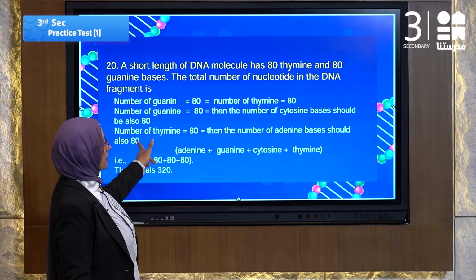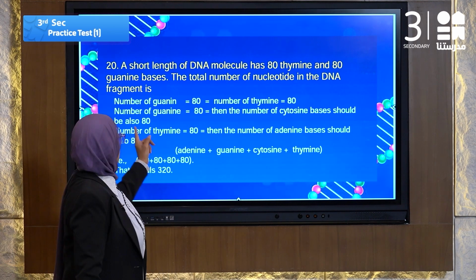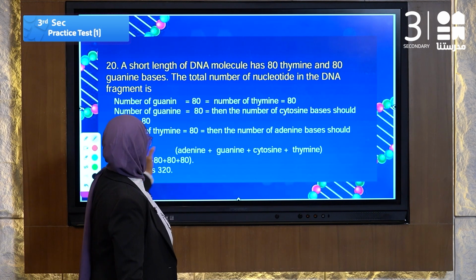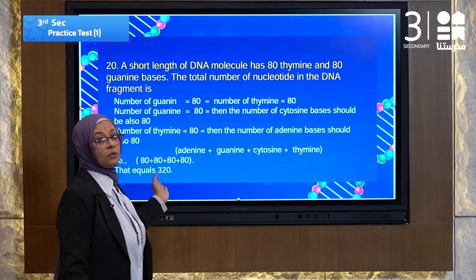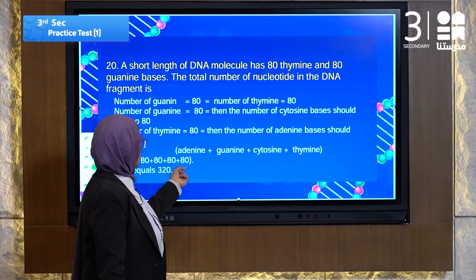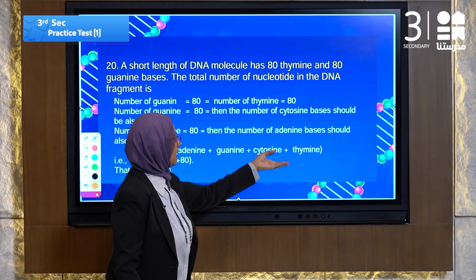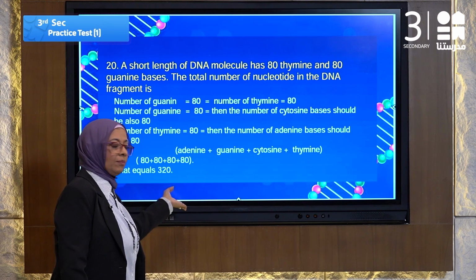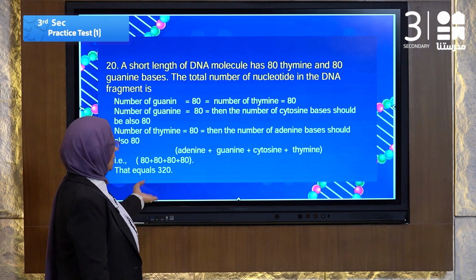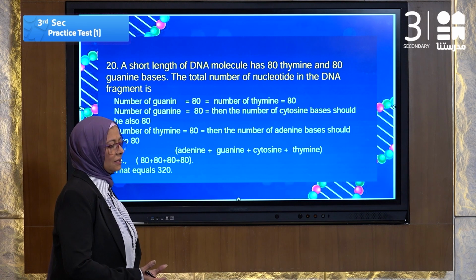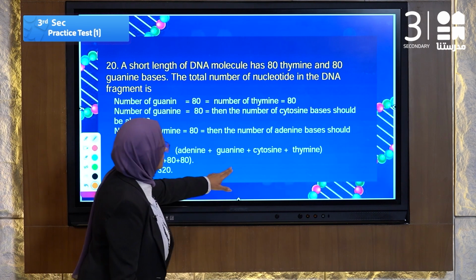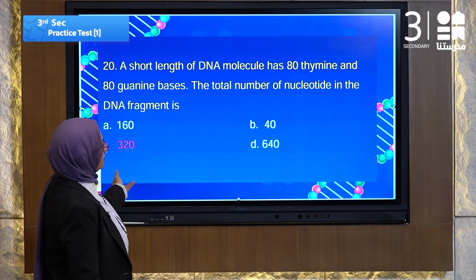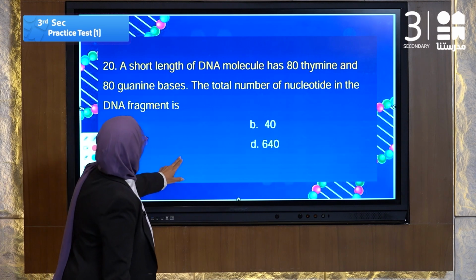The number of thymine must equal the number of adenine, 80 and 80. So the total number of adenine, guanine, cytosine, and thymine is 80 plus 80 plus 80 plus 80, which equals 320. So the answer will be 320. That's C. Let's go to 21.